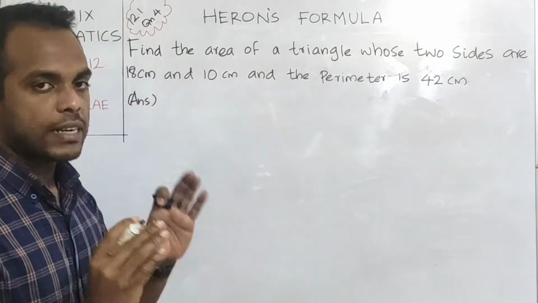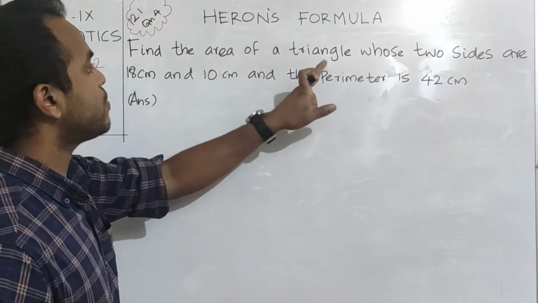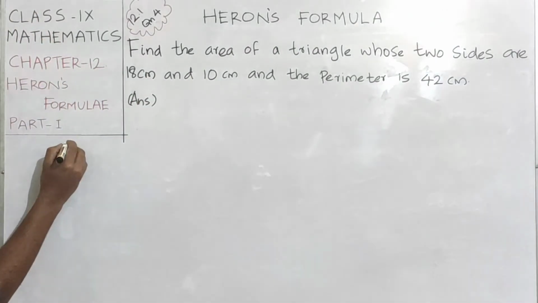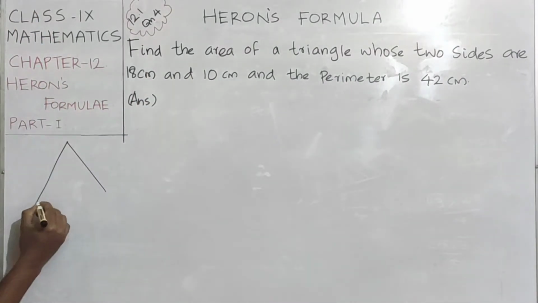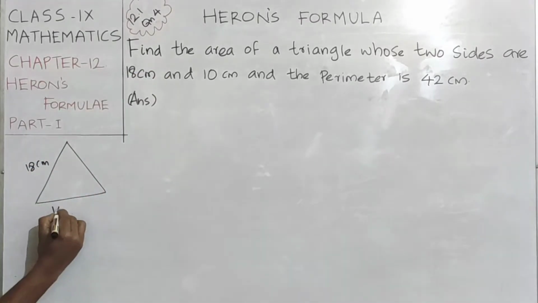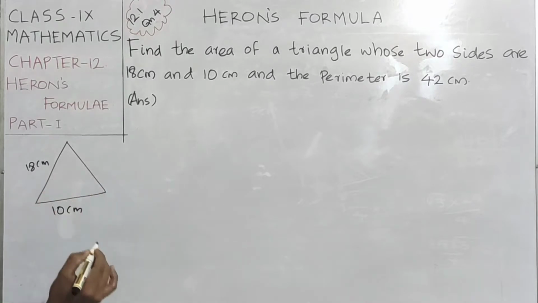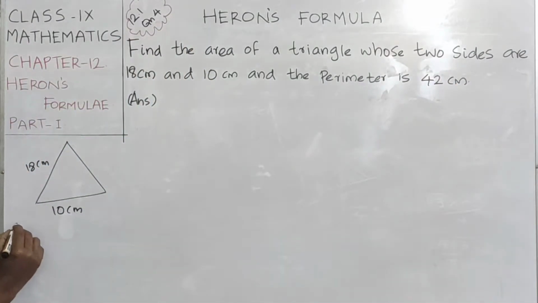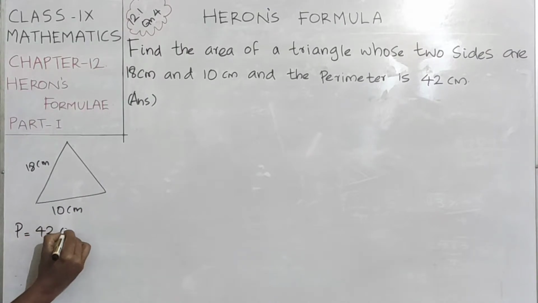First, what are the dimensions of the triangle given to us? The area of the triangle whose sides are 18 cm and 10 cm. So let us draw our imaginary triangle. One side is given as 18 cm, the next side as 10 cm. The other side is not given to us, but the perimeter is given as 42 cm. So we can write perimeter is equal to 42 centimeter.